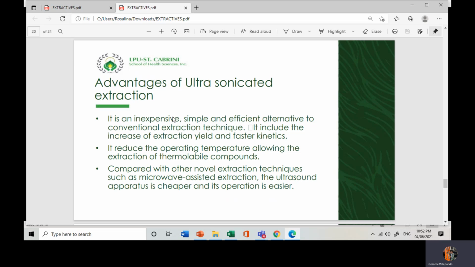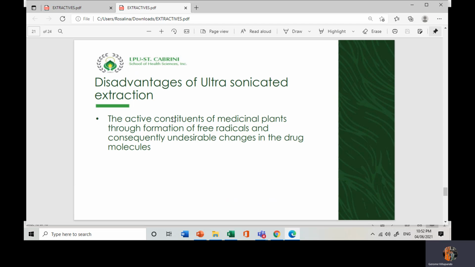Number two, it reduces the operating temperature, allowing the extraction of thermolabile compounds. Number three, compared with other novel extraction techniques such as microwave-assisted extraction, the ultrasound apparatus is cheaper and its operation is easier for UAE.